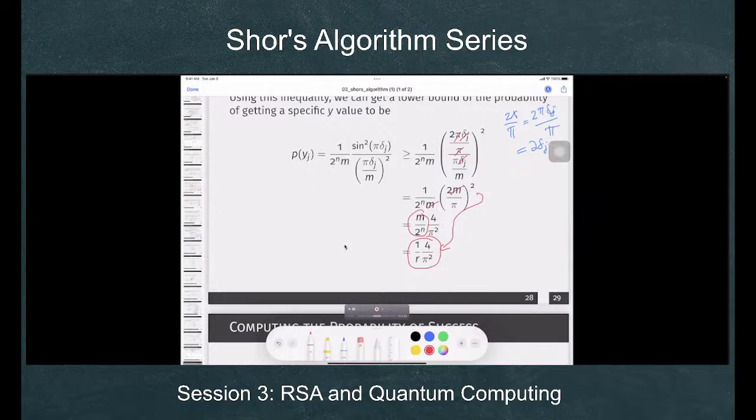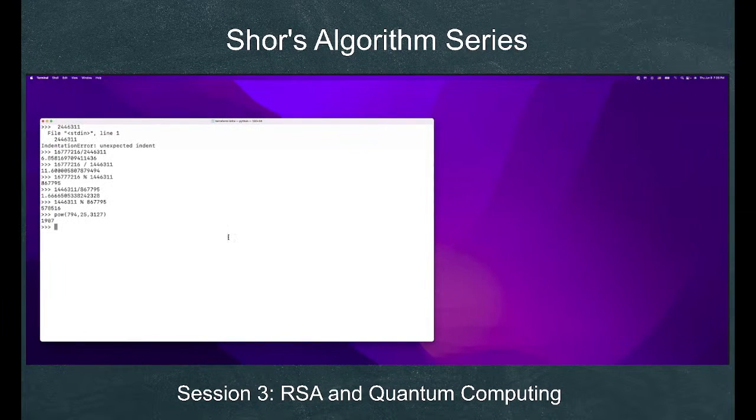If you go back to our for loop, the possible values are, as you can see, repeated: 1, 13, 4, 7, 1, 13, 4, 7.